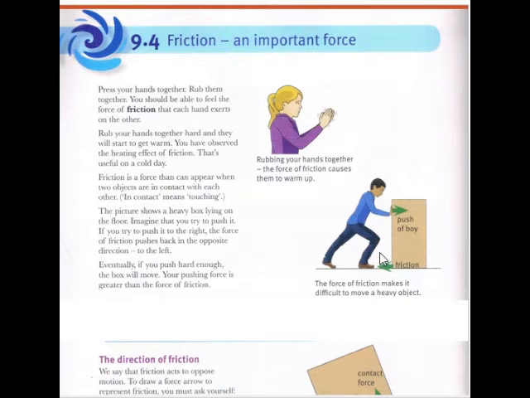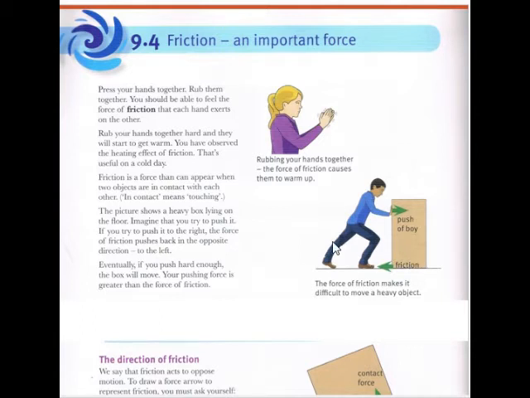Okay, students, if you push hard enough, the box will move. Your pushing force is greater than the force of friction. Okay, one more time, students. If you want to make the object move, of course you have to give a force bigger than the friction force on the box or the object.